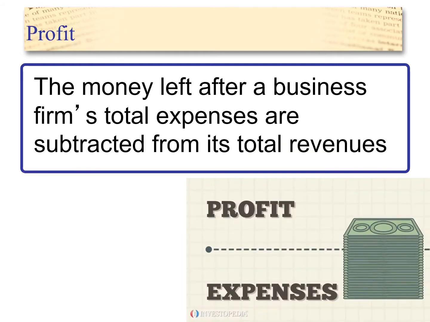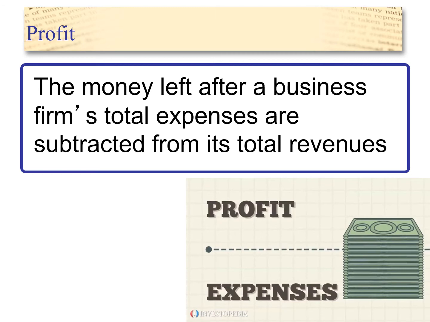What is profit? It is the money left after a business firm's total expenses are subtracted from its total revenues. Very simple. You basically earn some money if you sell a product. In order to simplify, let's just talk about one item. Let's say you sell a product for $12, so you got in $12. That's your revenue.